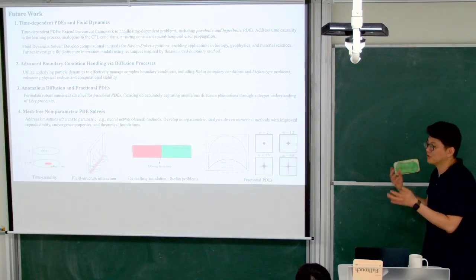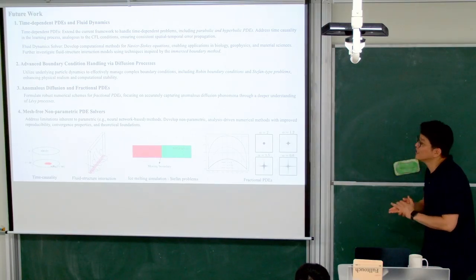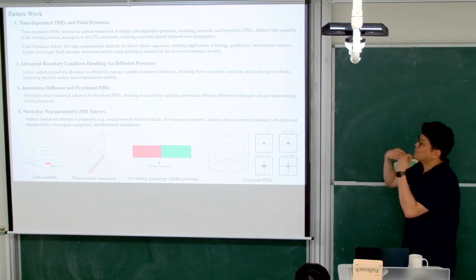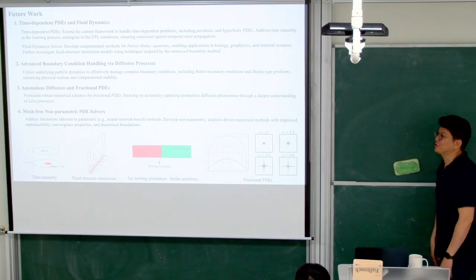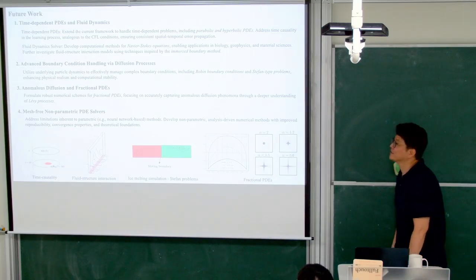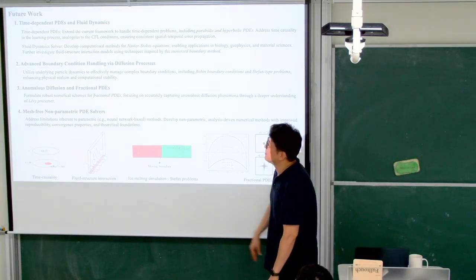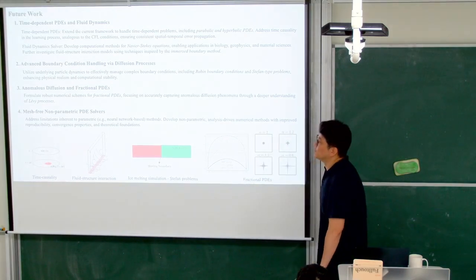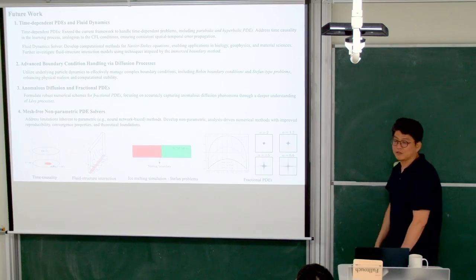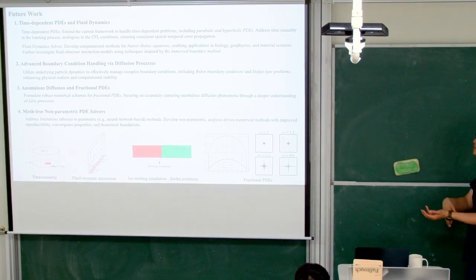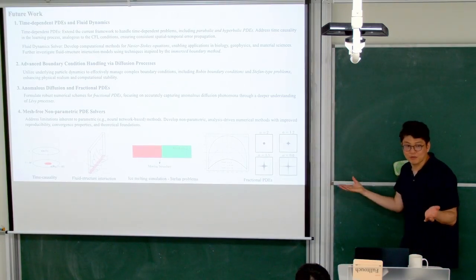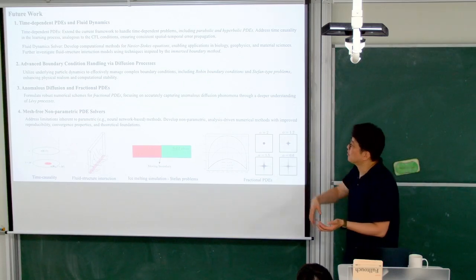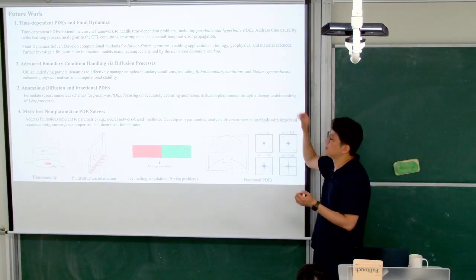When I was a PhD student, I worked on fluid structure interaction using the immersed boundary method. So I want to go back to that simulation using the new method. Another thing is advanced boundary conditions. Today I introduced the usual Dirichlet or homogeneous Neumann conditions, but there are more general boundary conditions, such as the Robin boundary condition or Stefan type problems.